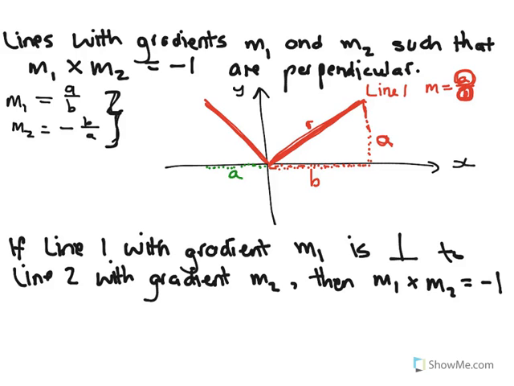And so because the gradient of line 2 is minus B over A, that means that my ratio of rise to run is minus B to A. So if I run A units backwards, I rise B units upwards, right?